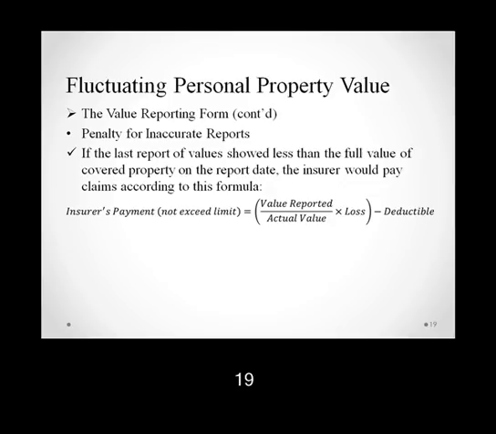In this case, you only report a part of your actual value, and the value that you reported will become the co-insurance percentage, and that percentage will be multiplied with the loss minus the deductible. That will become the actual money that you can be compensated by the insurance company.